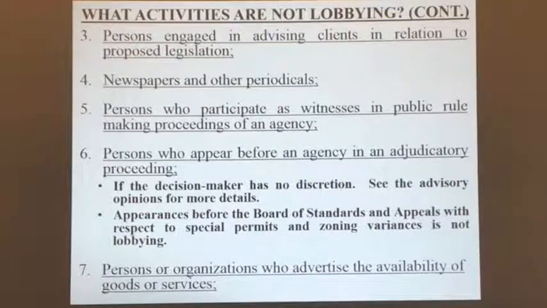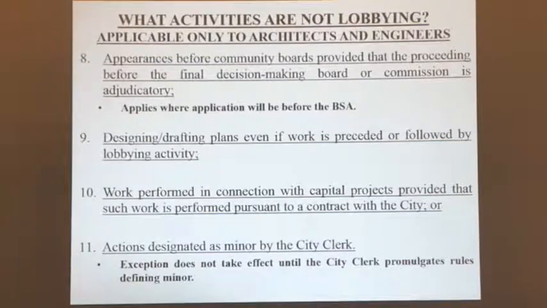Okay, number 7, persons or organizations who advertise the availability of goods or services. Pretty straightforward. If you're merely trying to get people to hire you for whatever service you perform, you would not be required to report that activity. Okay, 8, 9, 10, and 11 apply only to architects and engineers because the architect and engineer community successfully lobbied the lobbying commission and got increased exemptions.